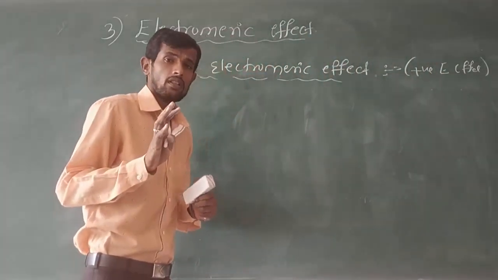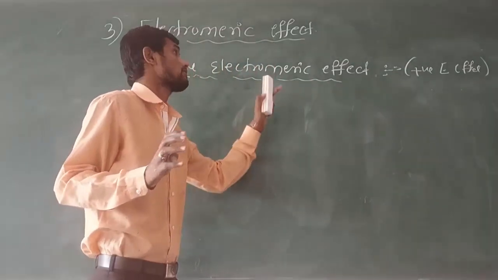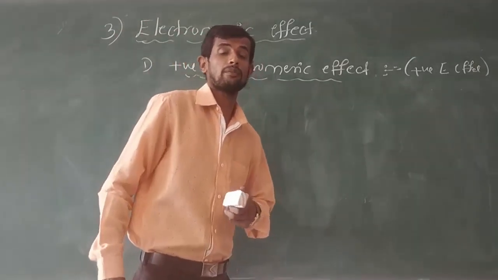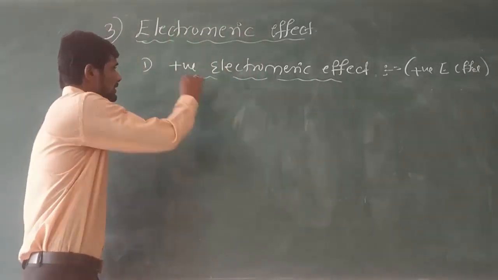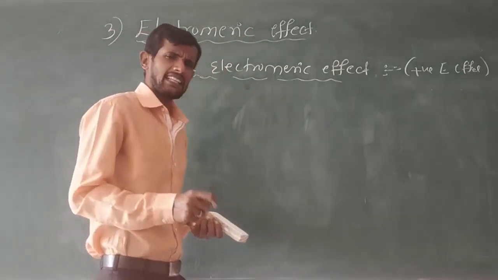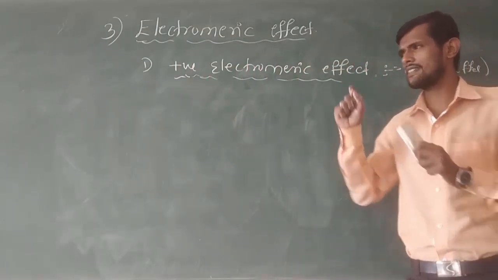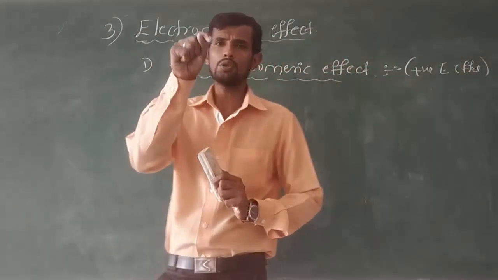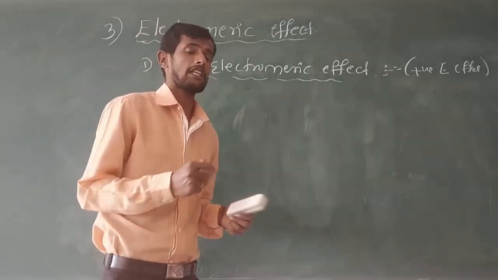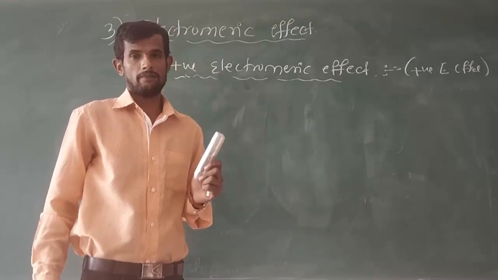Remember students, the attacking reagent decides whether the positive electromeric effect takes place or the negative electromeric effect takes place. First I take the positive electromeric effect. The attacking reagent itself shows positive electromeric effect when the displacement of electrons takes place towards it.